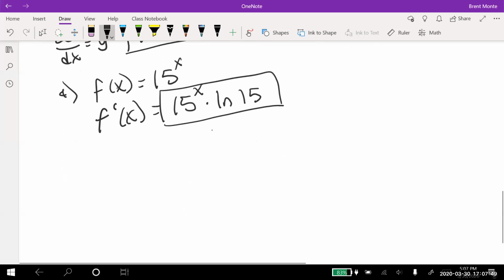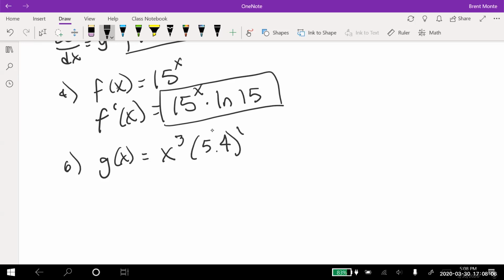Okay, let's go another step. We're just cruising through these examples. Here's problem 6. They say lowercase g of x is equal to x to the third, and then in parentheses, 5.4 raised to the x power. Now, what they've done is they've combined two things.